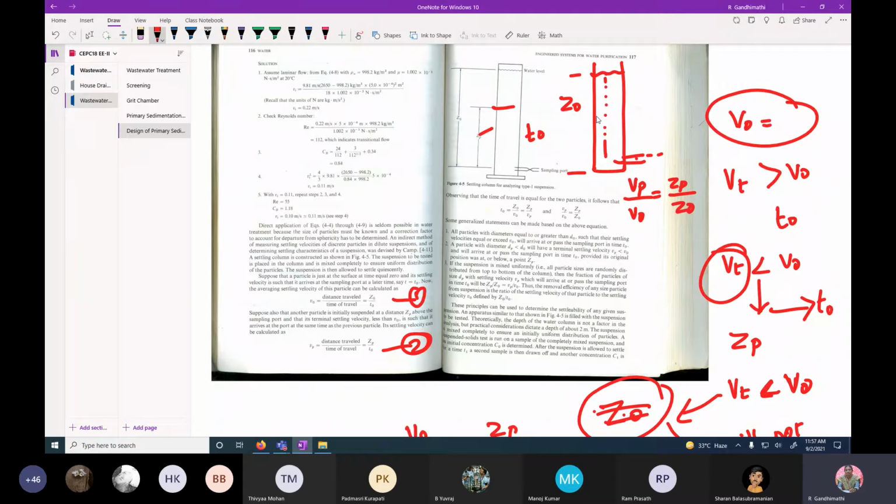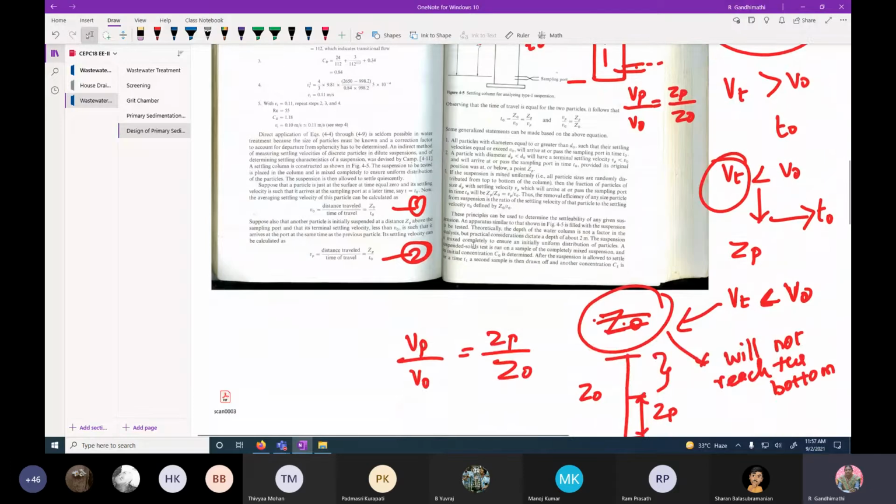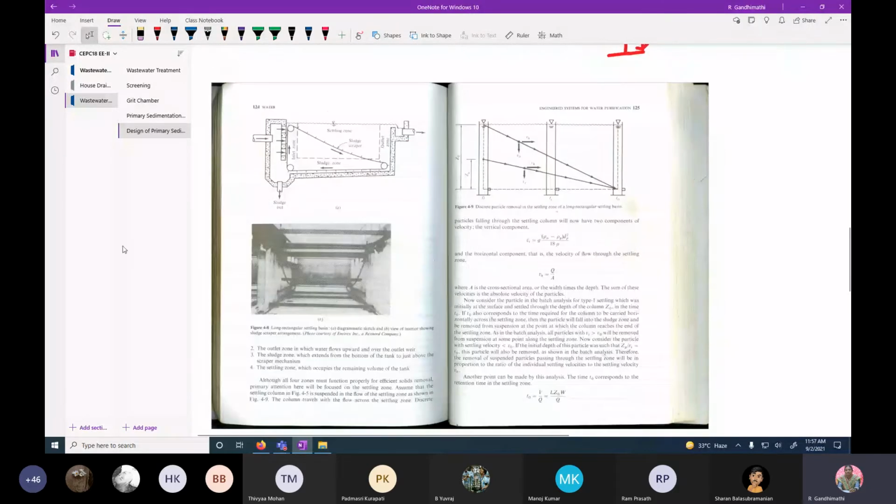This concept they have utilized in the design of primary sedimentation tanks in water treatment as well as wastewater treatment systems. Here I have just explained the sedimentation basins. You can see the sedimentation basin has four zones: one is the inlet zone, another is the outlet zone, third is the sludge zone, and fourth is the settling zone.